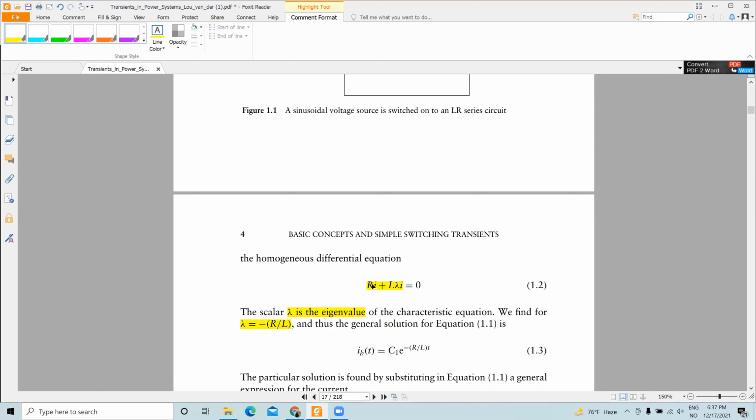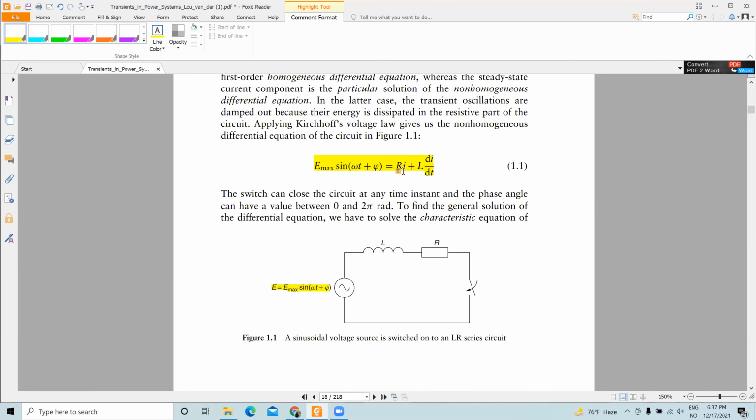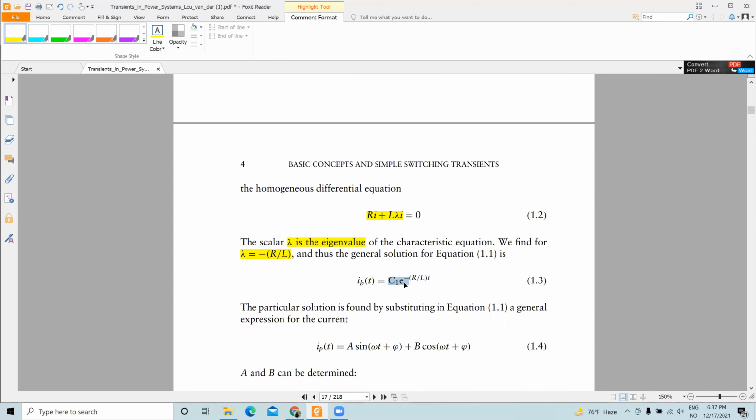This is the solution of this form, because here it says that I plus the derivative of I makes it 0, so the right part becomes 0, and this will be true if I is in the form of an exponential term. So you have a constant c e to the power minus r by l t. Am I clear?